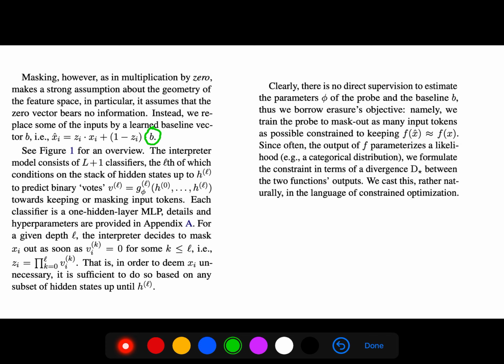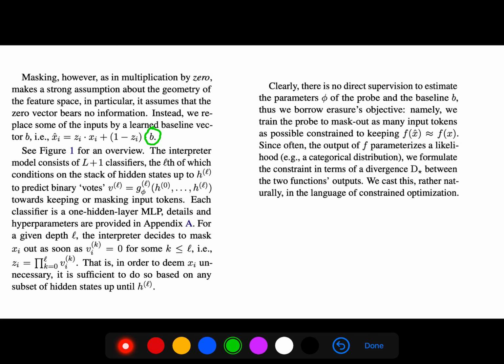So these are important attempts to make our algorithm more efficient, and you see this in model editing as well. Each classifier is a one hidden layer multi-layer perceptron.